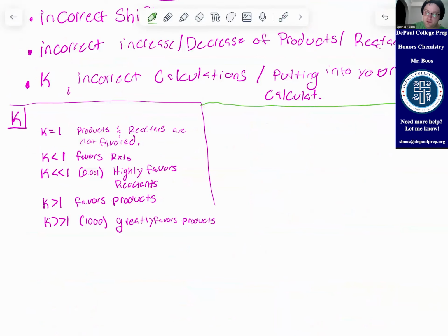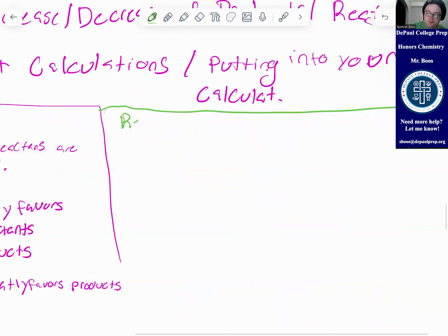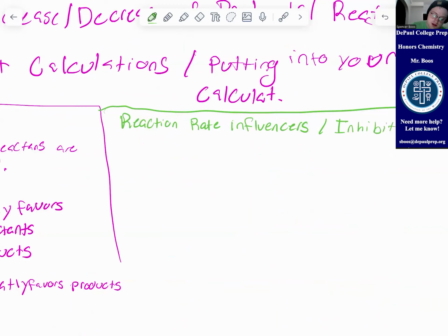We have reaction rate influencers and inhibitors. Something that influences it, meaning increases it, and inhibitors, of course, decrease it. Let's talk about influencers, and not the influencers you see on YouTube, just the chemical ones.